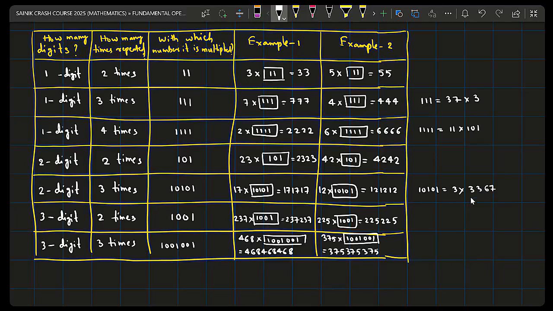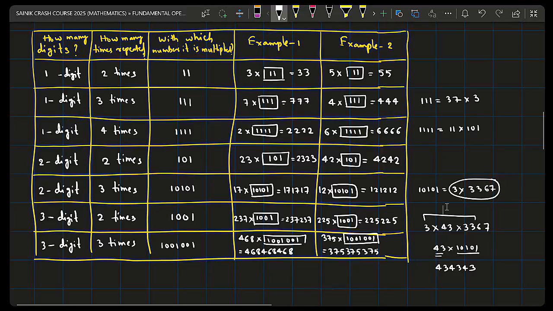That means if you get a product something like 3 into 43 into 3367, you need not do the multiplication. We know 3 into 3367 is 10101. First we have to do that. Then any two digit number multiplied by 10101, it will be repeated three times. Answer is 434343. That means you should remember this product, 3 into 3367.